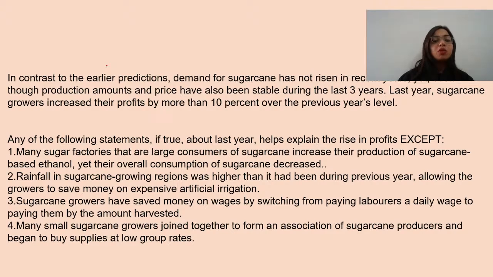Yet, even though production amounts and price have been stable, last year sugarcane growers increased their profits by more than 10%. So the amount and price have been stable even though demand has not risen, and despite that, their profit has grown by more than 10%.